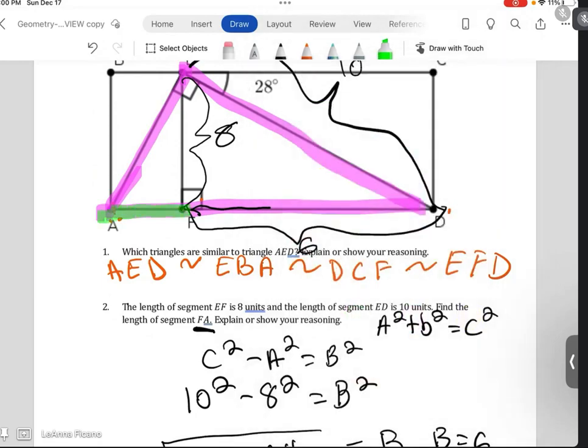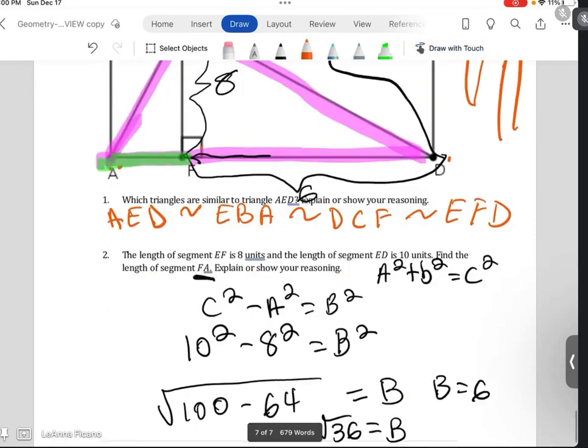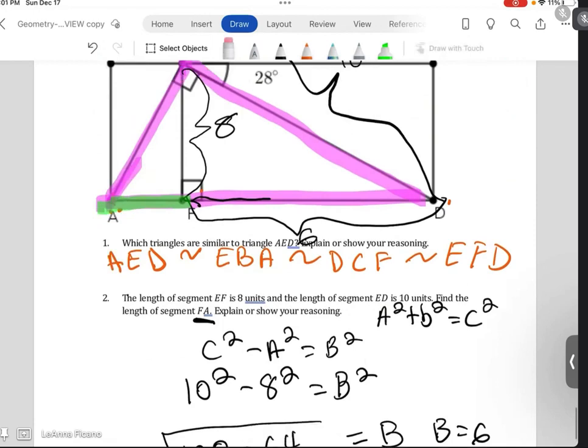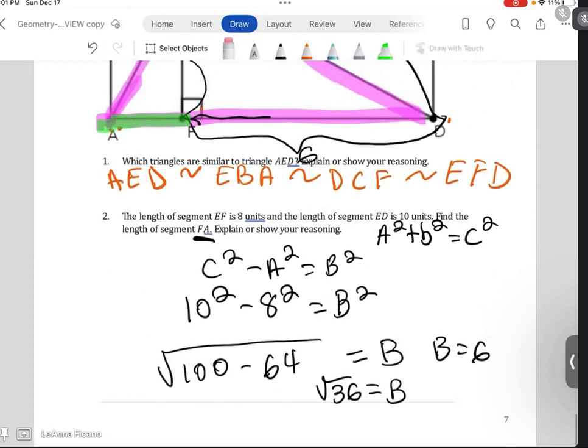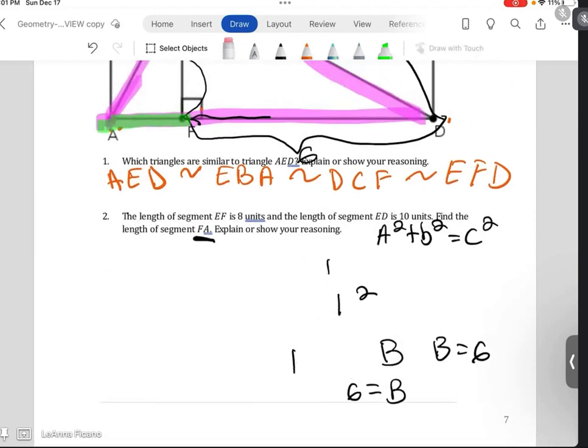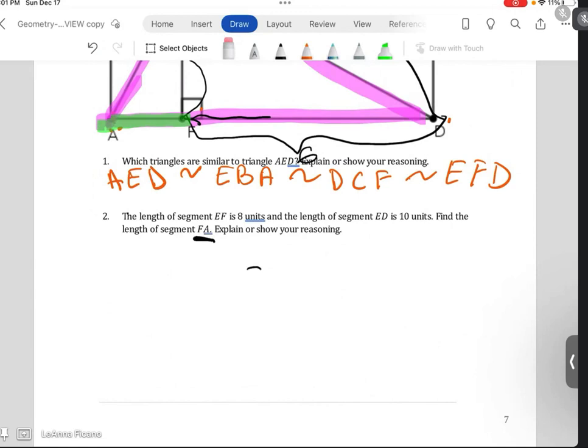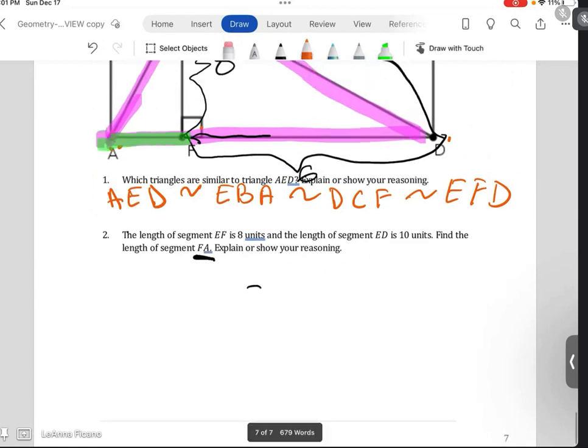So I'm going to erase some of this to have some space. So we're looking for FA.